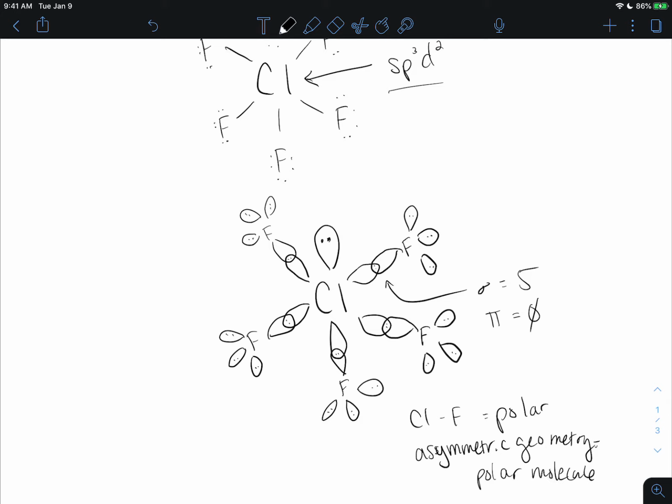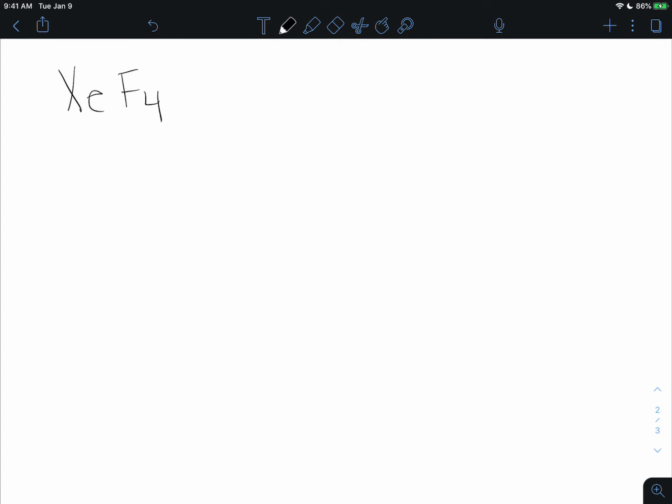Okay. Next, let's look at xenon tetrafluoride. Again, the first place we want to start is with our Lewis structure. So we have 6 electron domains around this as well.